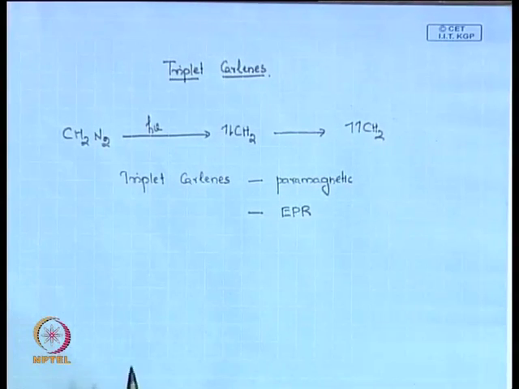That is why a lot of work is done on stabilization of carbenes, which I am not going to deal with, which you have studied. You can stabilize carbenes by resonance effect and substituent effects. If I make triplet carbenes stable, what advantage can I get?